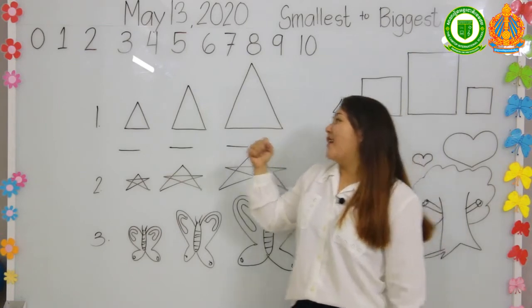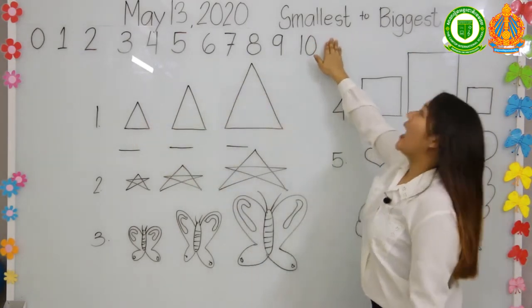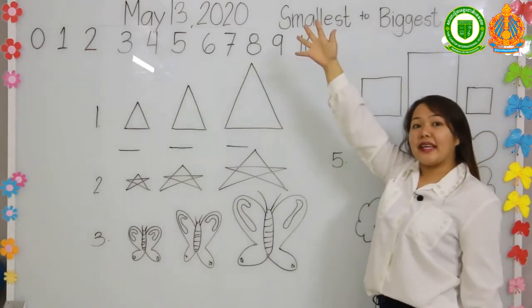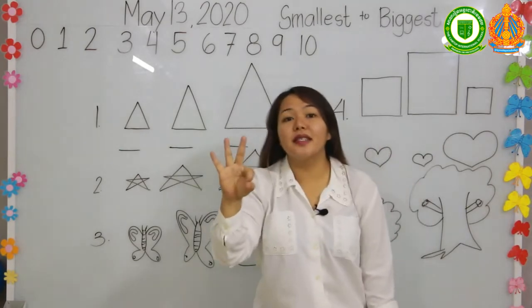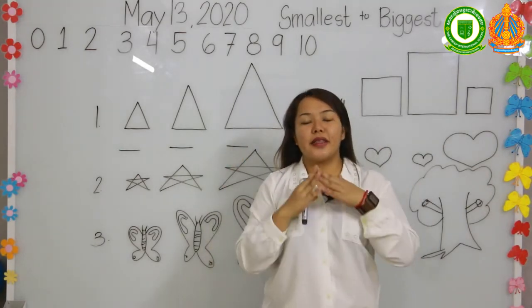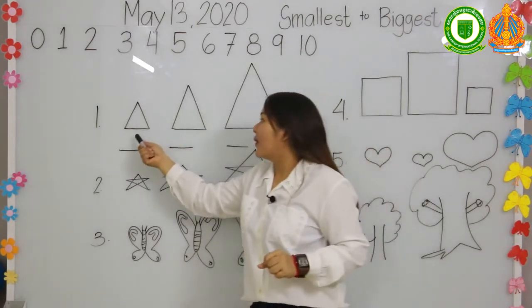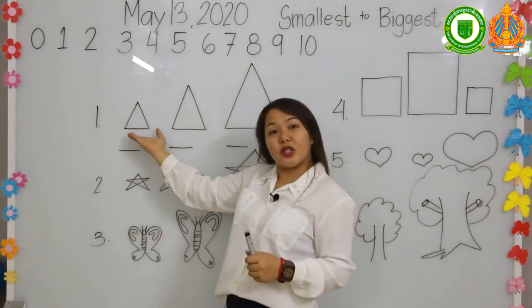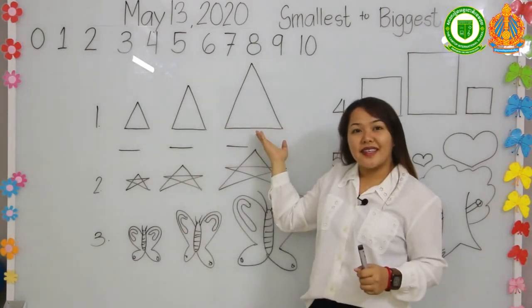Let's find which one is the smallest and which one is the biggest. Among these 3 triangles, which one is the smallest? Is it this picture, or this picture?